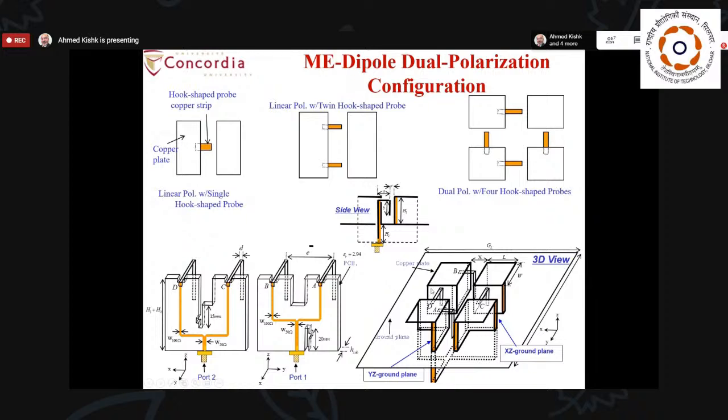If you look at the sketch, it will look like this. This is one polarization in this direction, and this is another polarization in this direction. That means I created a dual-polarized excitation for wide band antennas. I'd like to have good isolation between these two polarizations.